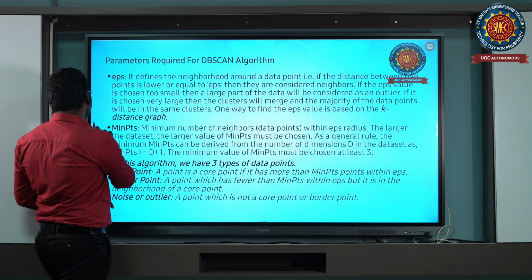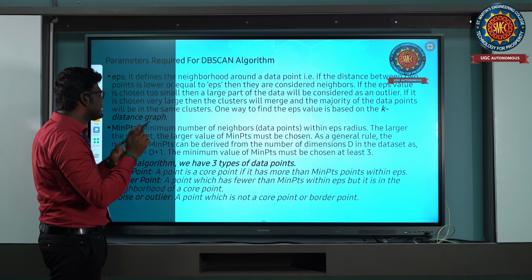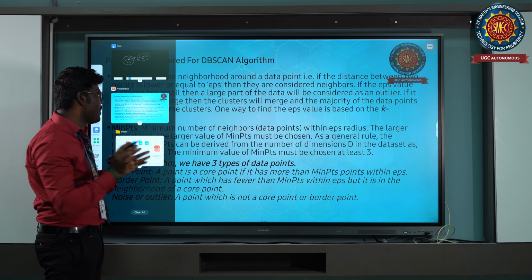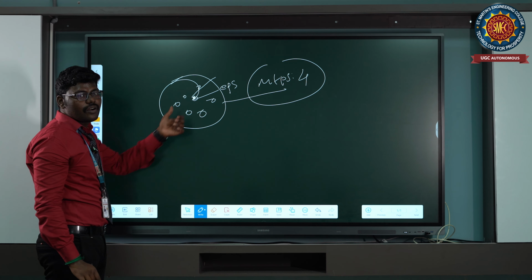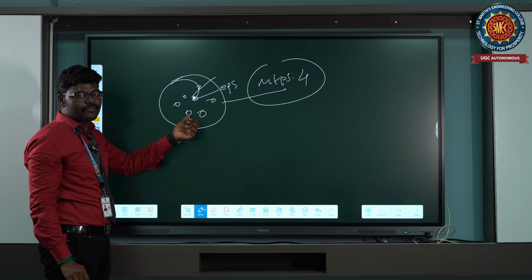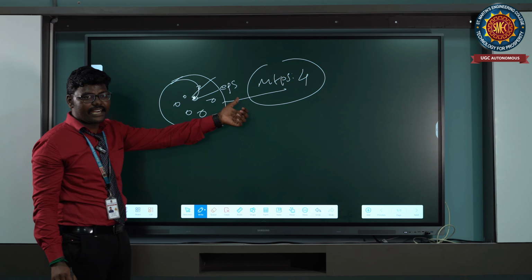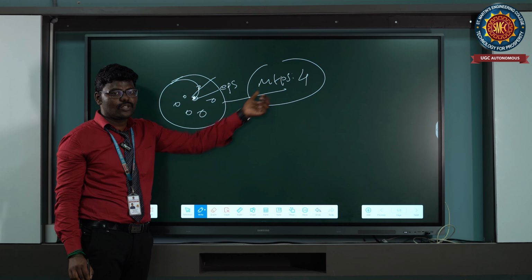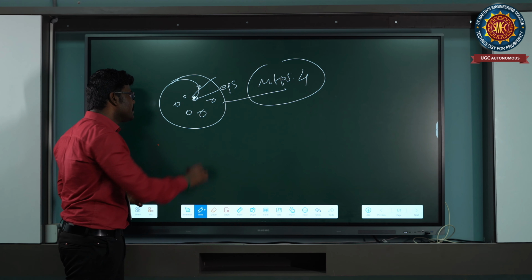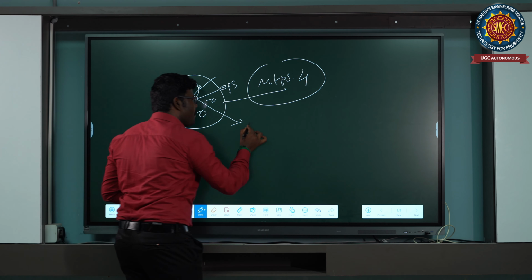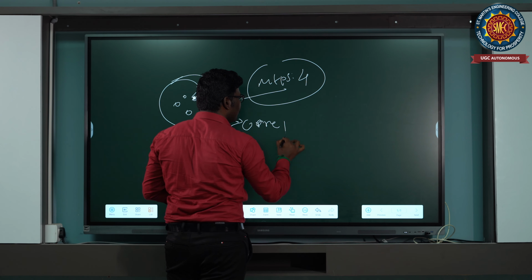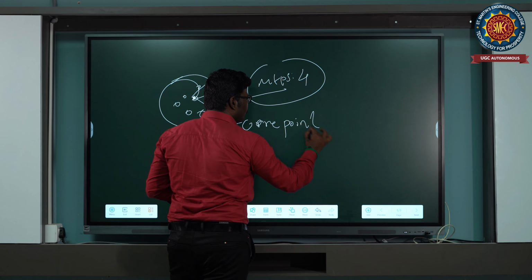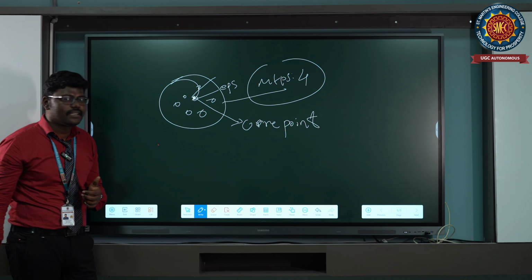Already I told, if the minimum points condition is satisfied, then it is called the core point. Already we made one epsilon with a radius of circle, and we have to check whether the minimum points condition is satisfied or not. So this minimum points condition is satisfied, so this epsilon point is called the core point, right?